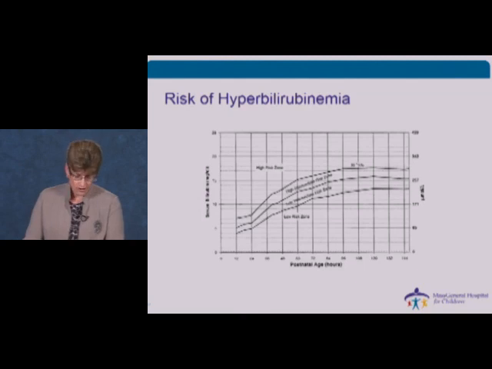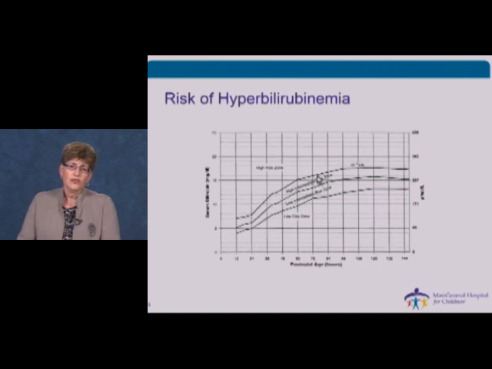So we have here the nomogram. This is a nomogram to designate risk based on our specific bilirubin levels. As you can see, as postnatal age increases, there is an increase of the bilirubin, peaking out here at 4 days of age and sort of staying level.